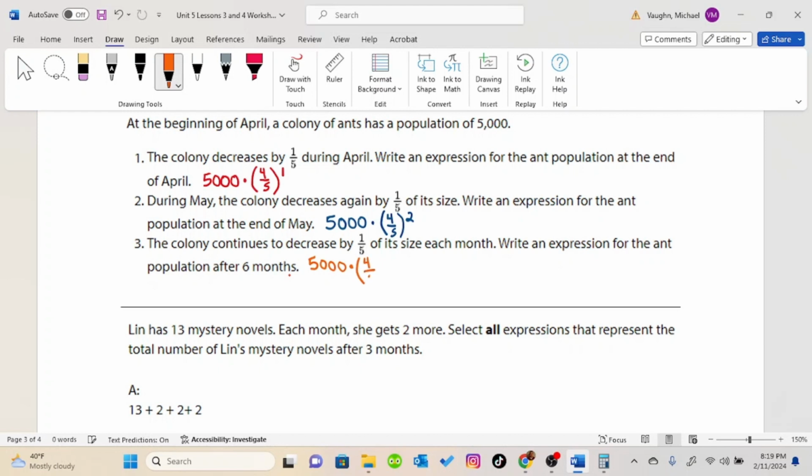If it loses 1/5, then the remaining factor is 4/5. And if it's been 6 months, the exponent is 6. You write exponential functions this same way every time.